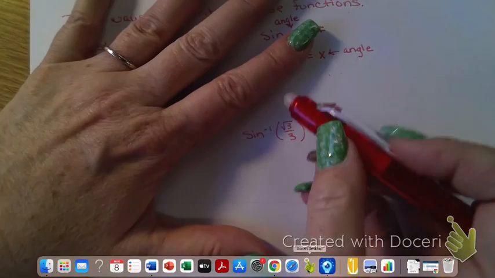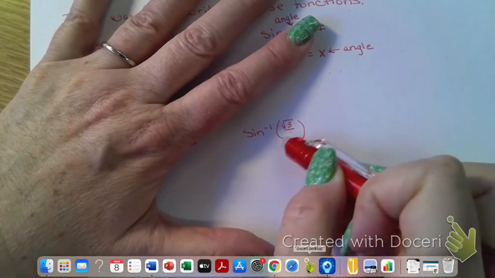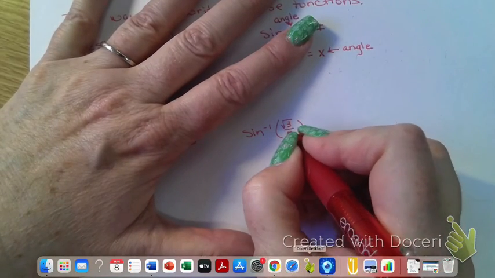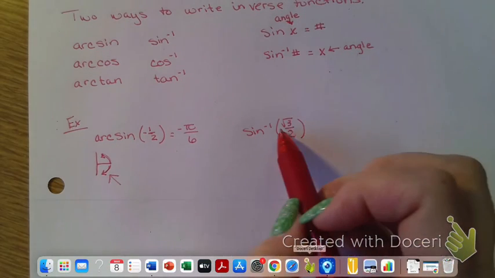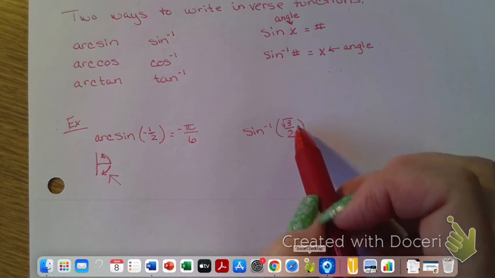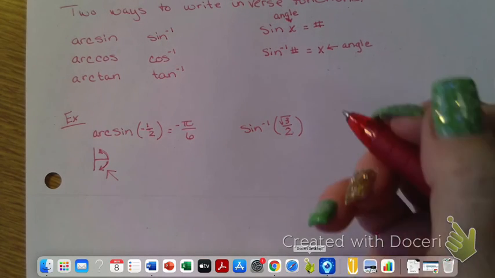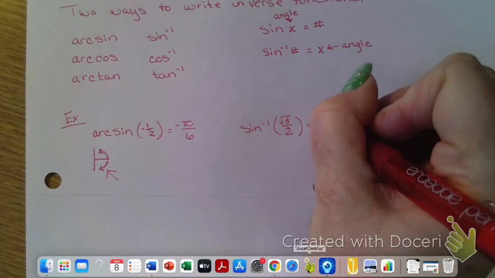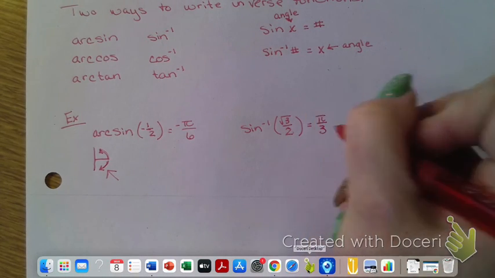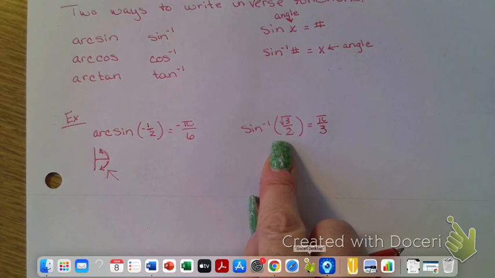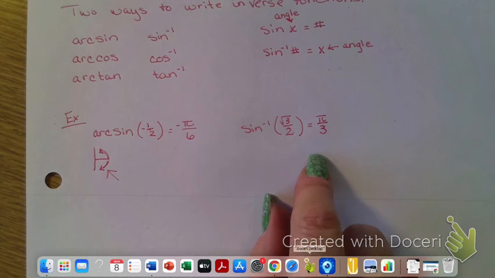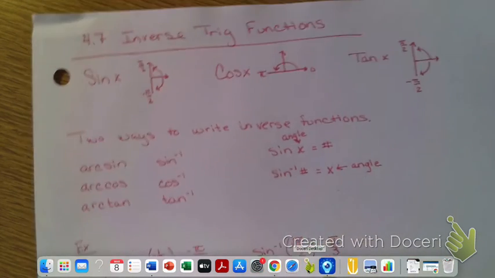Oh, that should be a 2. I wrote down the tangent one. Disregard my words. Okay, so opposite of square root of 3 is what angle? It would be 60, so it would be pi over what? Pi over 3. I'm giving you the value. I'm now asking you the what? Angle.